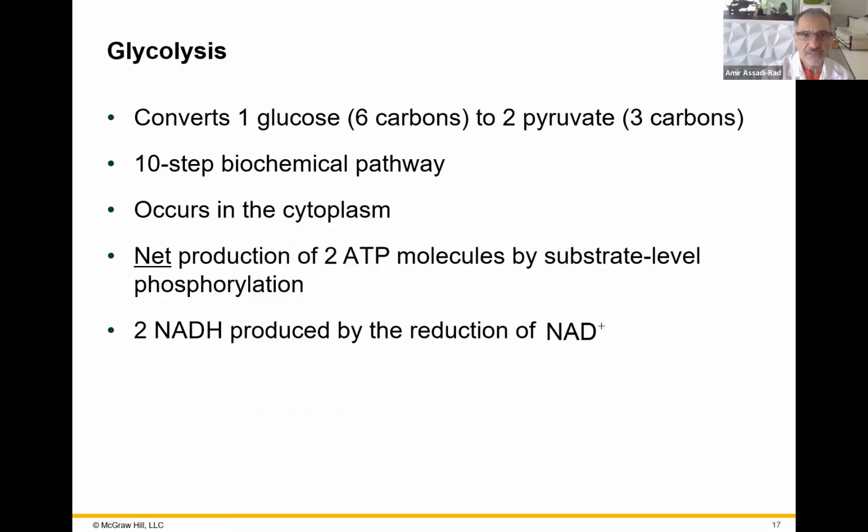So glycolysis is conversion of one glucose molecule, six carbons, to 2 molecules of pyruvate, 3 carbons. So 2 times 3, last time I checked my calculator, was 6.